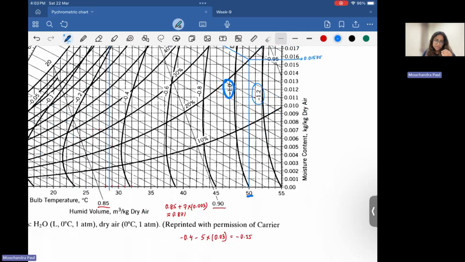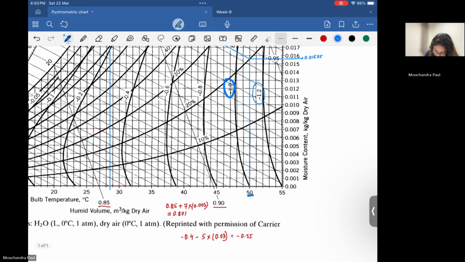So each point is close to -0.06. And this point particularly lies at the second point.